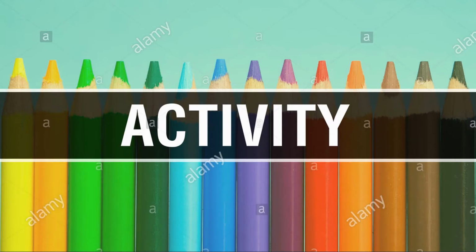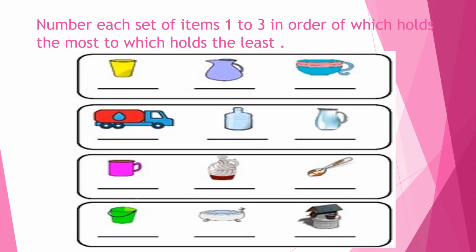Okay, so we have some activities to complete below here. We have to number each set of items from 1 to 3 in order of which holds the most to which holds the least. Okay, we'll do the first one together. Now, looking at these objects, which one do you think would hold the most liquid?